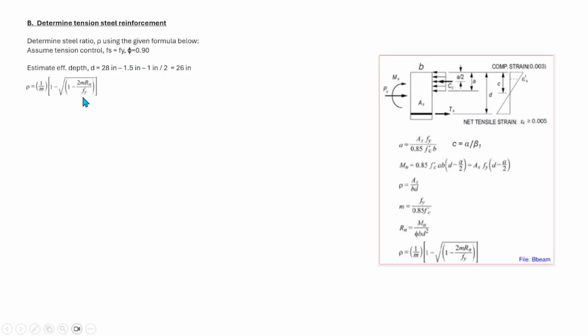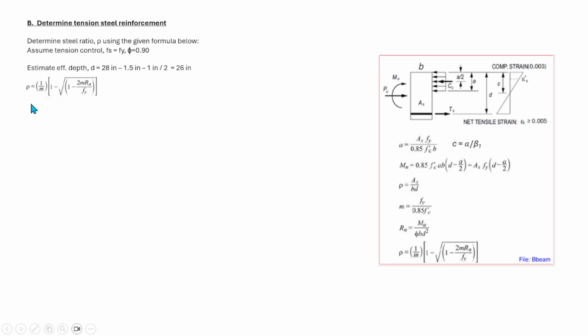Before we can determine the steel ratio, we need to first estimate the effective depth of the beam. So from 28 inches minus 1.5 inches clear cover of the concrete, minus 1 inch over 2, assuming that the diameter of the main bars is 1 inch, that is equal to 26 inches.